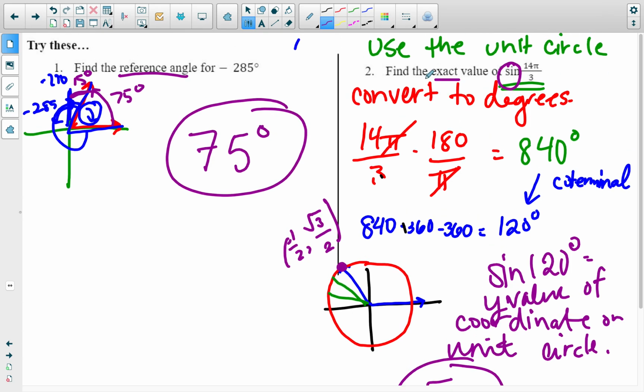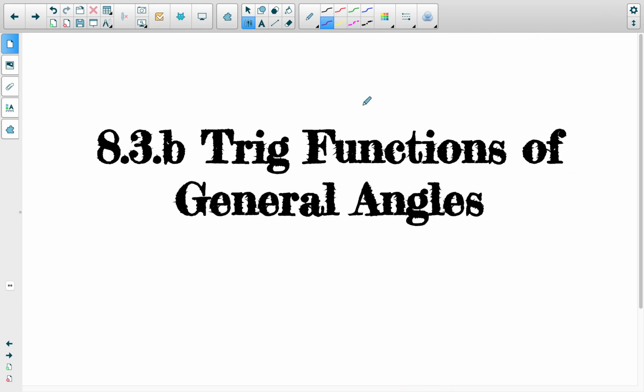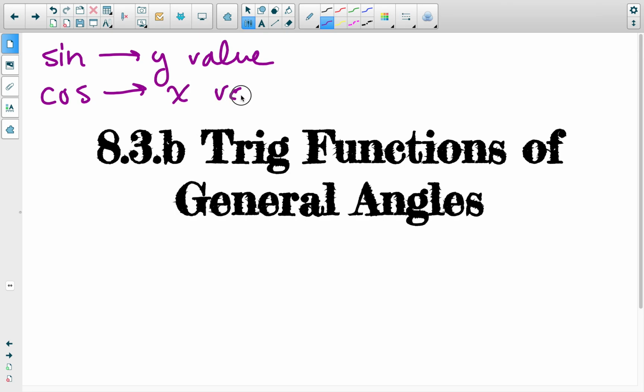So something that I kind of glossed over last section is that sine goes with your y value, cosine is asking for your x value, and then tangent of some angle is asking for sine over cosine, which is y over x. Okay, y divided by x.